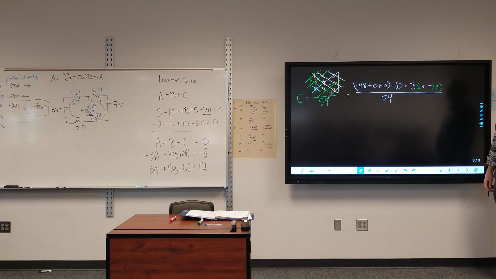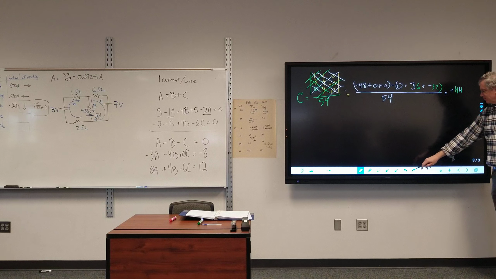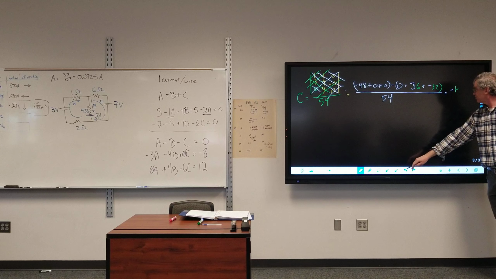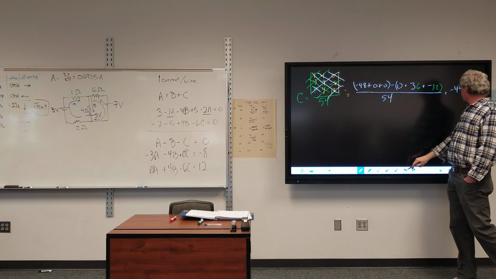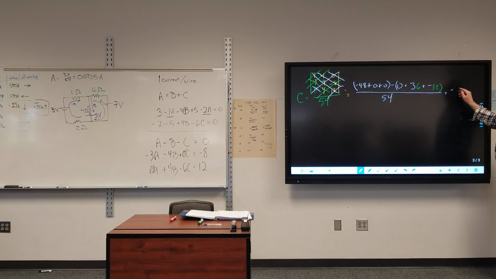All right, so I have negative 48 minus 4, so I had negative 44. Wait, wouldn't it be negative 52? Yes. Thank you.